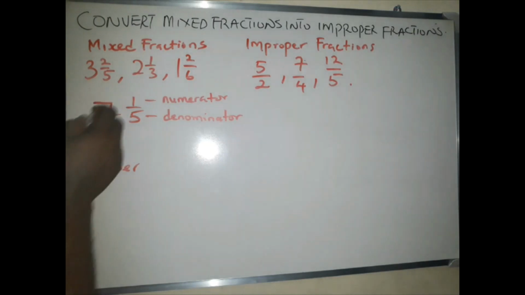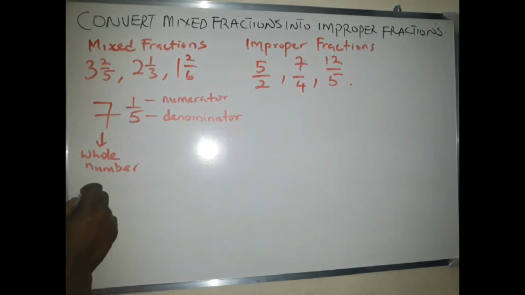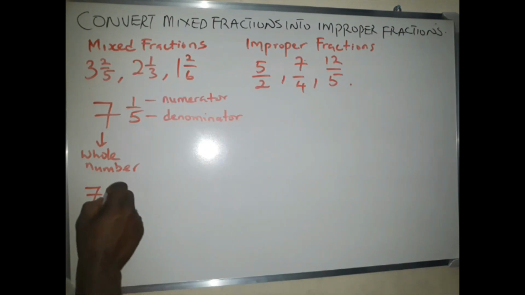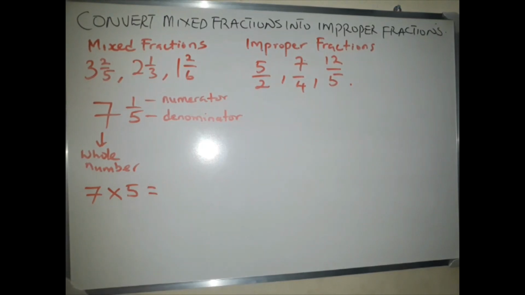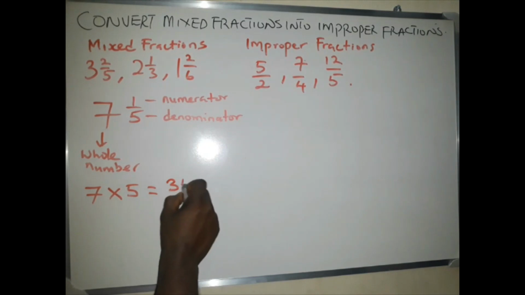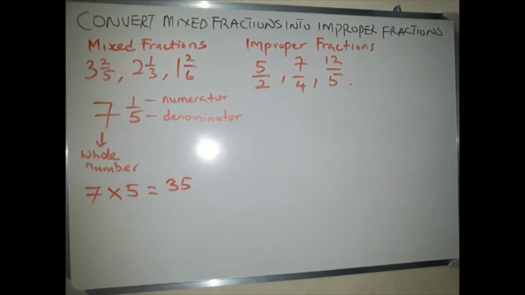For this example, the whole number is 7, while the denominator is 5. So we multiply 7 times 5, and the result we get from that is 35. It's very simple. So that's the very first step, 35.